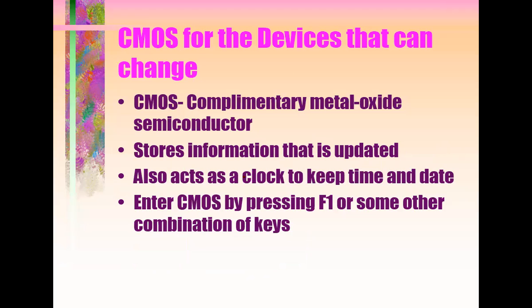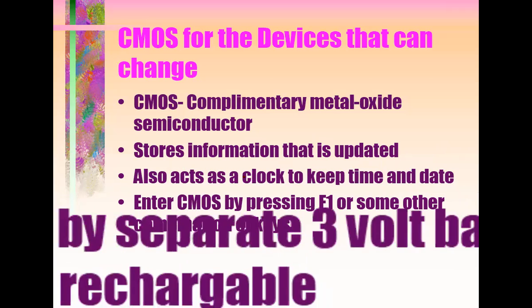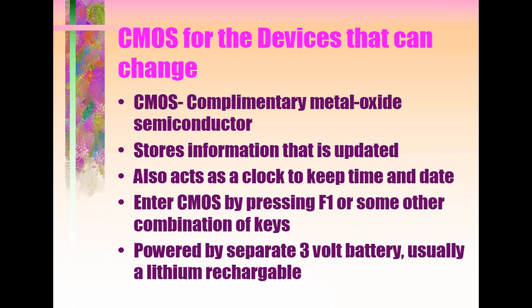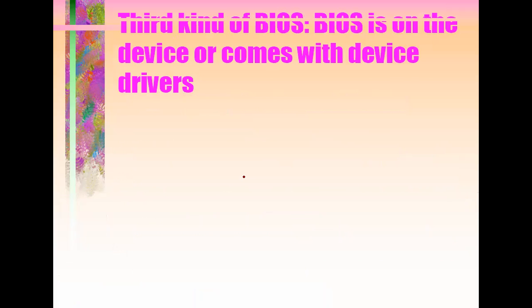That depends on the type of computer that you have. When you enter the CMOS, you are saying you want to modify the settings. Since they are in volatile memory, you can modify them. Then it's powered by a separate 3-volt battery, usually lithium rechargeable. That is the CMOS battery which I was showing you there.